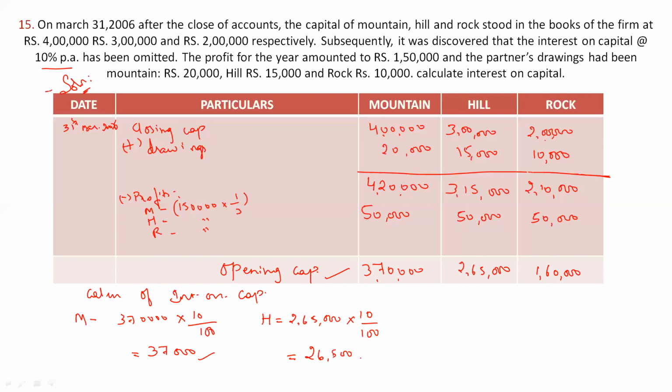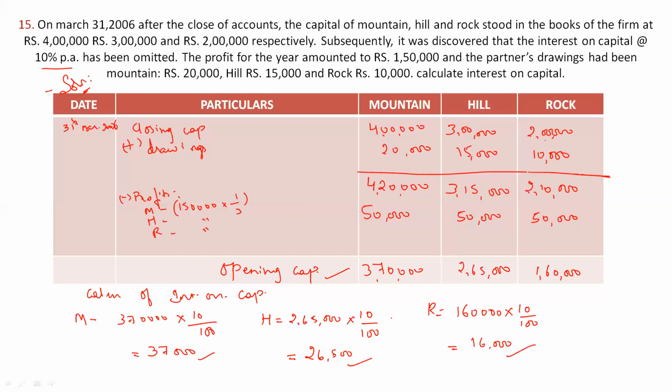Now interest on capital for Hill is 26,500 per annum. Next, at last, for Rock. Capital of Rock is 1,60,000 into 10% per annum rate of interest. So we are getting the amount 16,000 rupees as interest on capital for Rock, right?